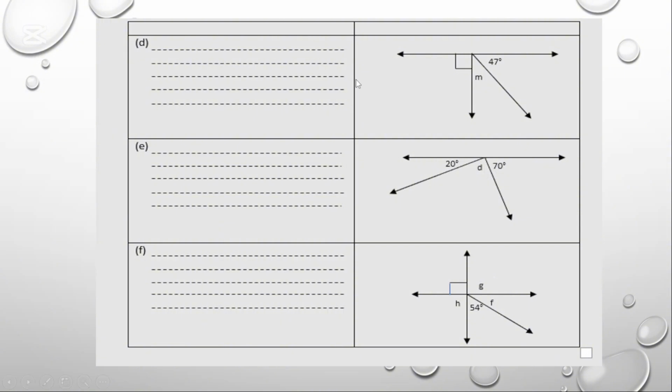But you know that this 90 plus this m plus this 47 is equal to 180. Right? So m, and what is the reason? Supplementary adjacent. So m will be equal to 180 minus the 90 minus the 47.